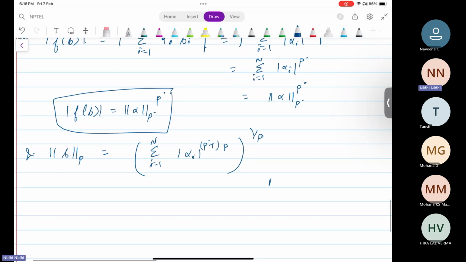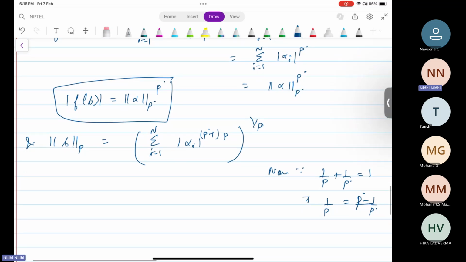Now since 1 by p plus 1 by p star equals 1, this implies 1 by p is equal to 1 minus 1 by p star, which is basically p star minus 1 by p star. This tells us that p times p star minus 1 is actually p star itself. So from here, this gives us summation i from 1 to n modulus alpha_i to the power p star, whole to the power 1 by p.